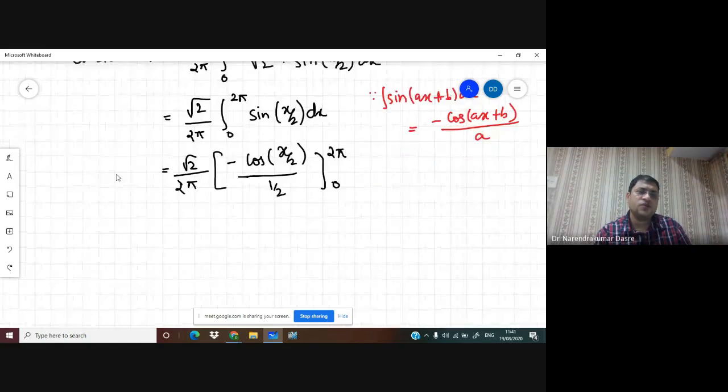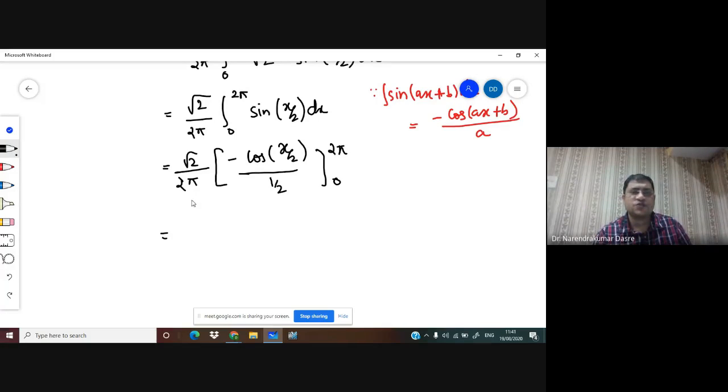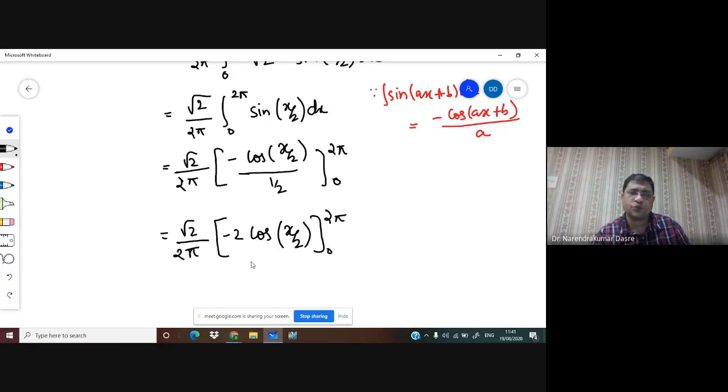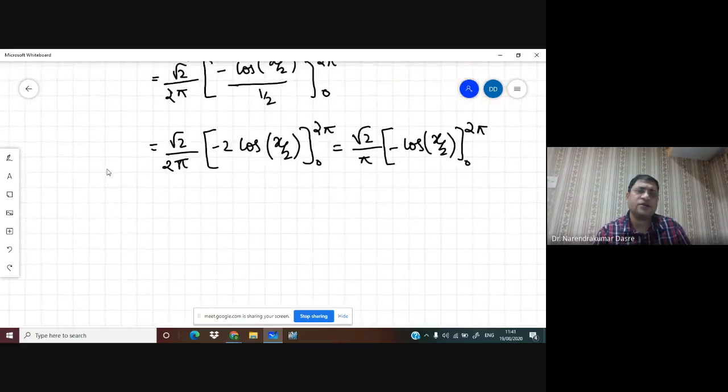Now let us simplify this. So we have root 2 upon 2 pi, this is minus 2 cos of x by 2 from 0 to 2 pi. So this 2 and this 2 will get cancelled. I can have root 2 upon pi, and this is minus cos of x by 2, from 0 to 2 pi. Let us apply this limit.